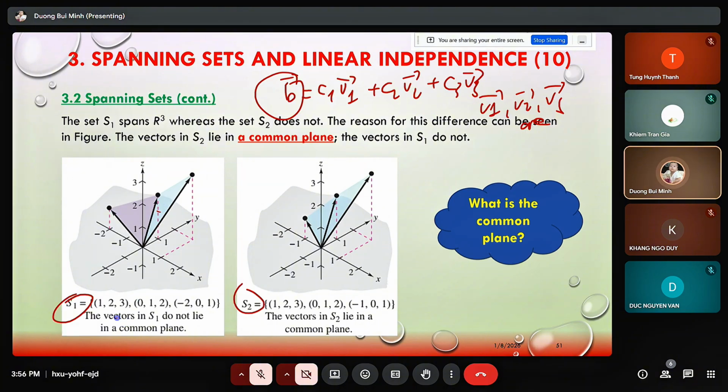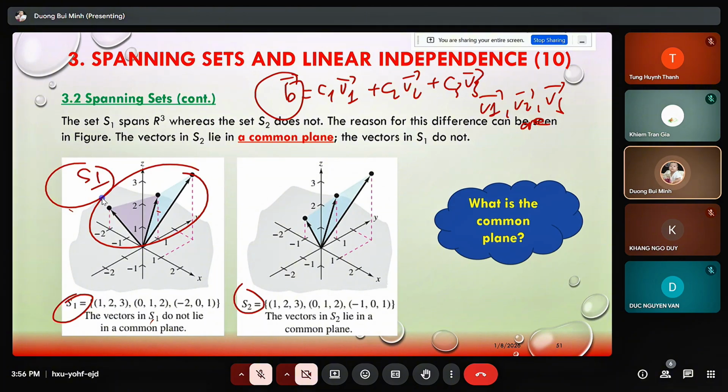The vectors in S1 are not in a common plane, so they are independent. If they are independent, this is a spanning set. So S1 is a spanning set, because all vectors of S1 are linearly independent.